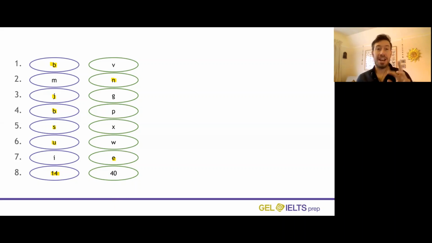Now, these are often commonly mixed up by students. So it's important that if, for example, number 1 was easy for you, no problem. But if number 3 was difficult, maybe you need to go and practice that a little bit more.